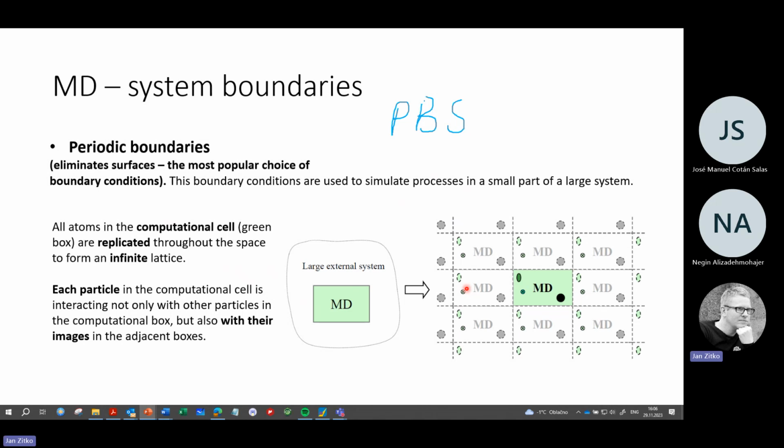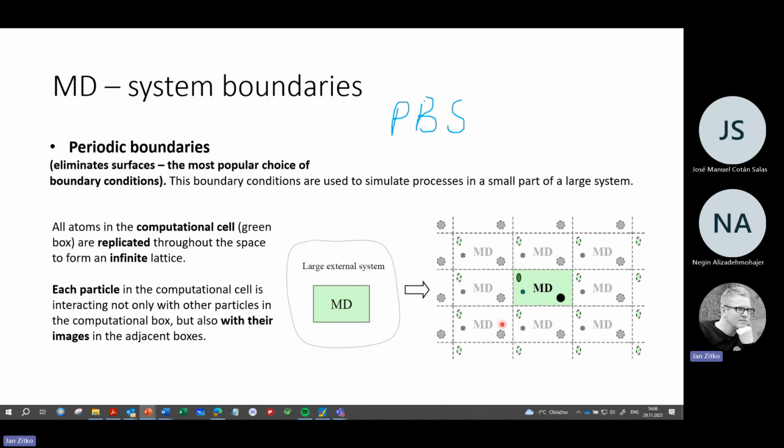The trick is that the particles in the basic cell do not interact only with themselves within the cell, but they also interact with their images. For example, if a particle goes here, it can interact with the particle which is here. So it's a cross-boundary interaction.